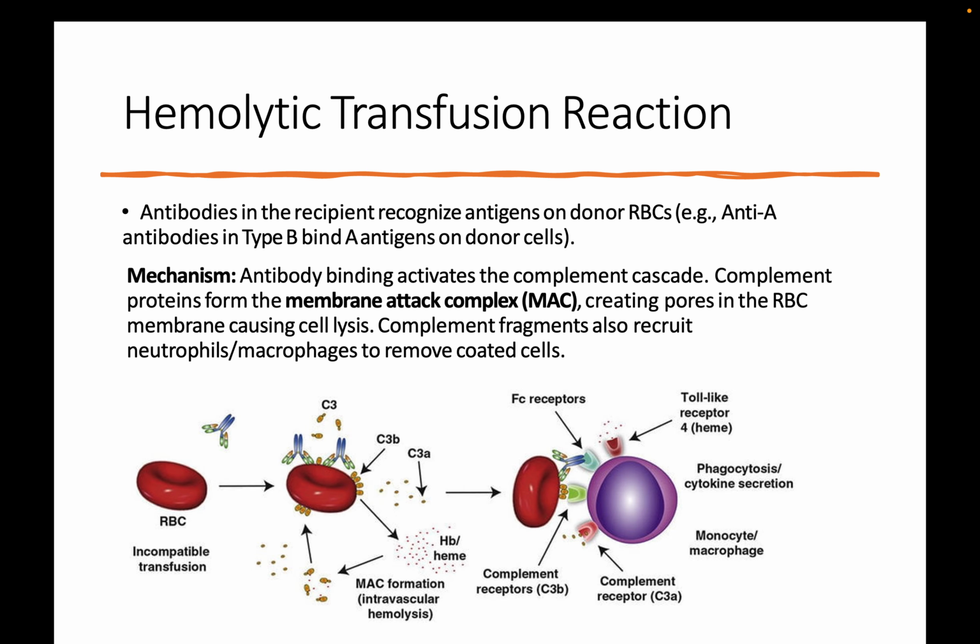So, to give you examples: hemolytic transfusion reaction. This occurs when you're given the wrong type of blood. Let's imagine that I am blood type A and I receive blood type B. These are red blood cells which are type B. The type B cells have glycolipids that are very different.